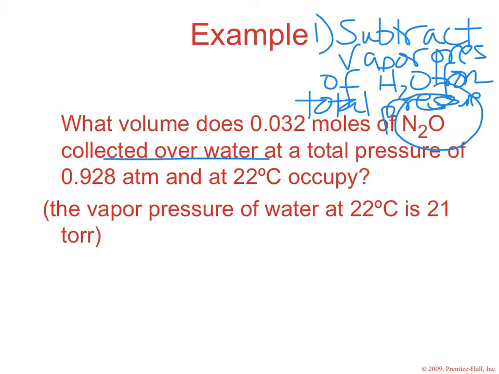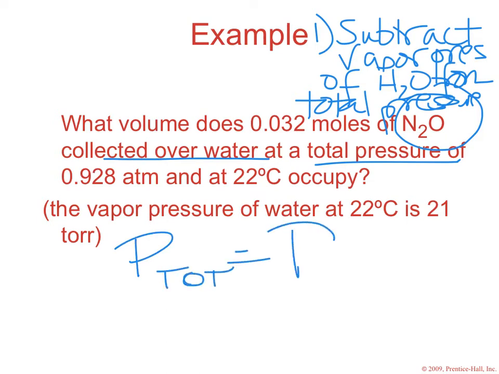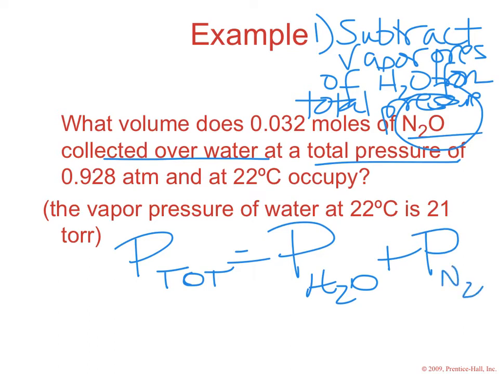Okay, so let's just go ahead and do that first. They gave us total pressure. They could have just said the atmospheric pressure is 0.928. And so what do we have here? Let's write Dalton's law again. Total pressure is the pressure of all the gases. In this case, we have water vapor, and we also have dinitrogen monoxide. All right, total pressure is the atmospheric pressure, so 0.928 atmosphere.